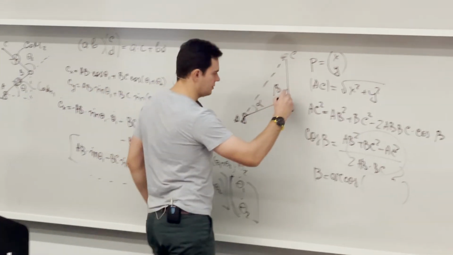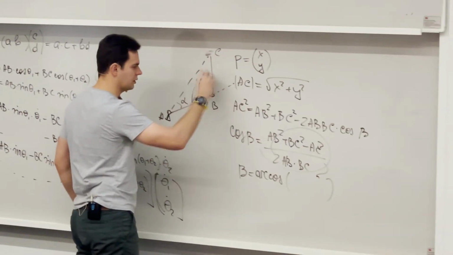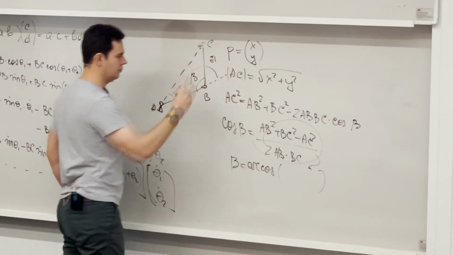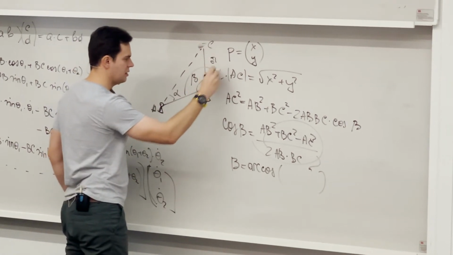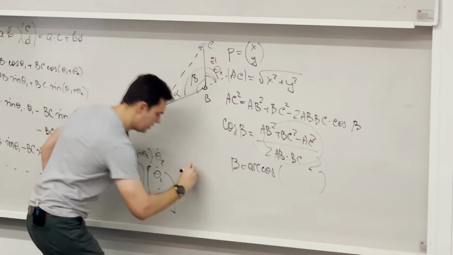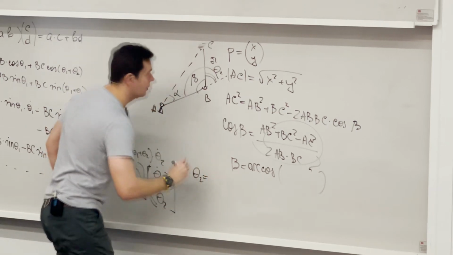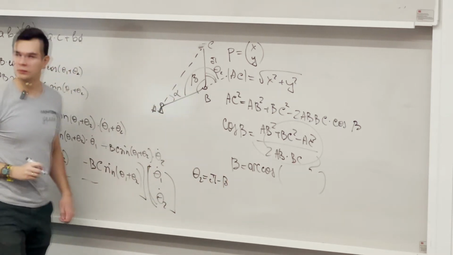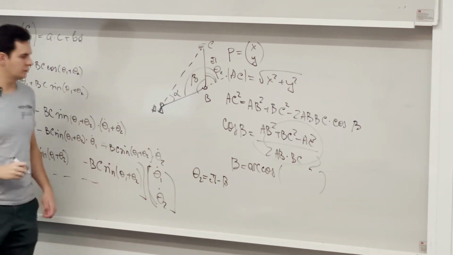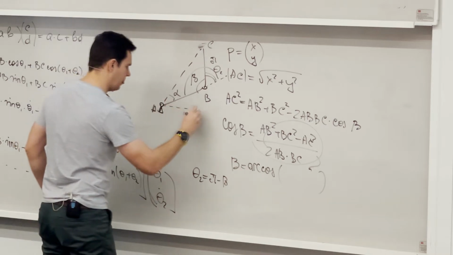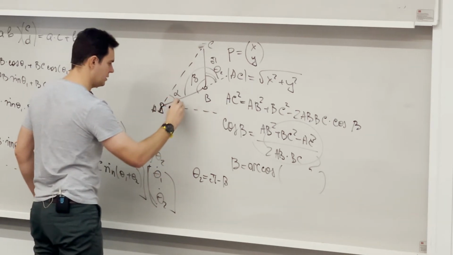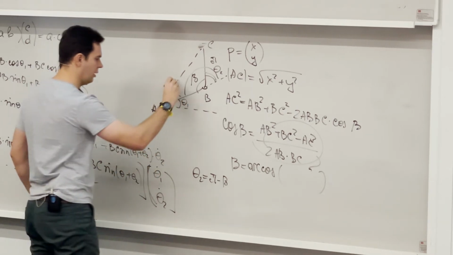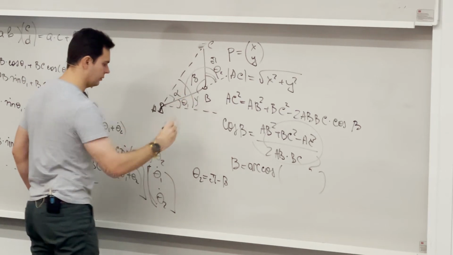So since right here is pi, this is theta 2. Theta 2 will be pi minus beta. Okay? This is theta 1, and this is called gamma.